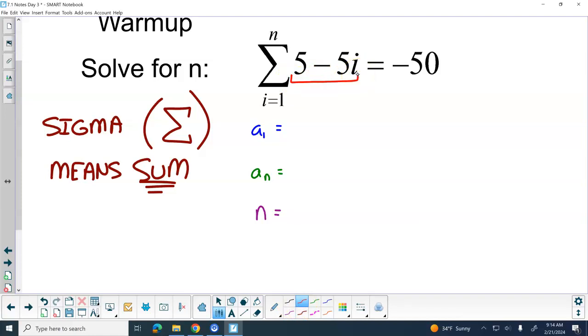So that's going to be 5 minus 5 times 1. 5 times 1 is 5. 5 minus 5 is 0. So my first term is 0.